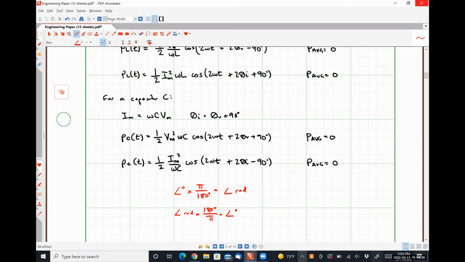So that's how you convert your angles. So typically speaking, when I do these problems, I just say 2 times omega times 180 over pi times t, and then just put my phase angles in. Okay. I work everything in degrees personally because I'm too lazy to change the settings on my calculator.